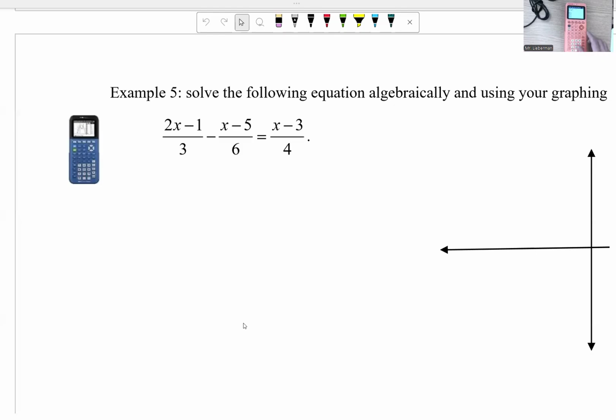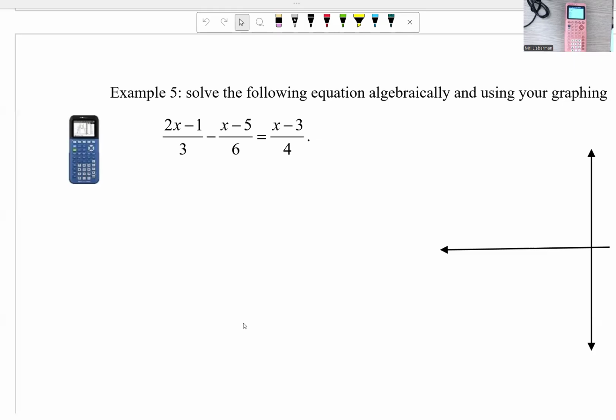Now, for some people that doesn't work, because this is basically a computer. So if you have a different operating system, it may be alpha and then y equals. That gives you a fraction menu. We want a numerator and denominator. Notice the second one is a mixed number. This is from alpha, and then there's like a hidden menu of fractions.